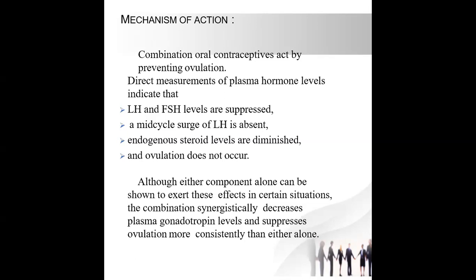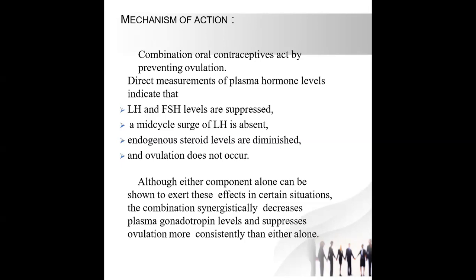And hence ovulation does not occur. That means the action of combined oral contraceptives can be assessed by measurement of plasma hormone levels, where LH and FSH levels are suppressed, the mid-cycle surge of LH is absent, endogenous steroid levels are diminished, and ovulation does not occur.